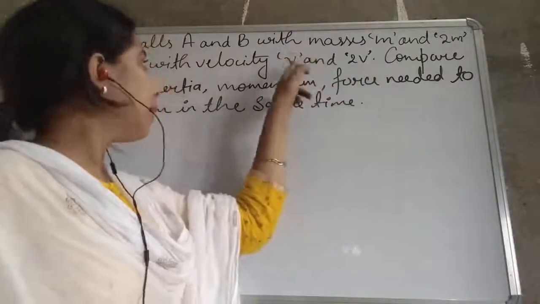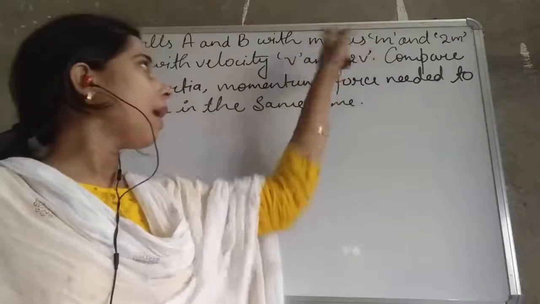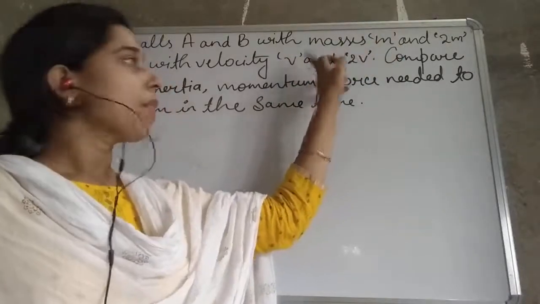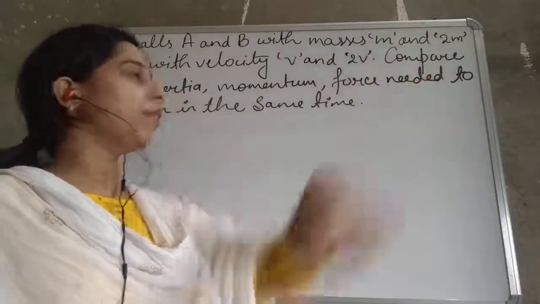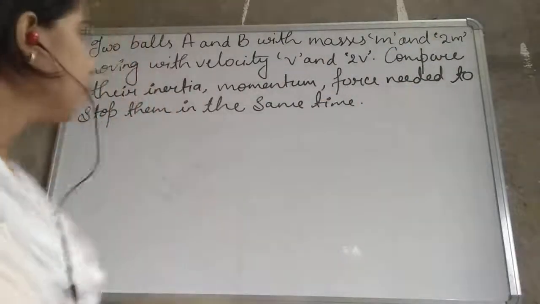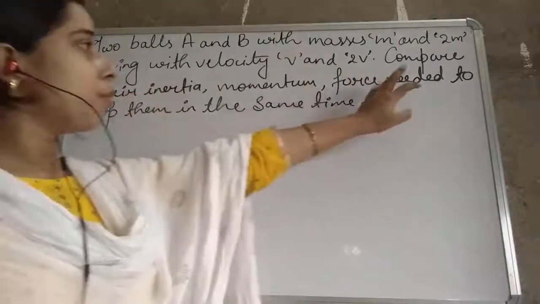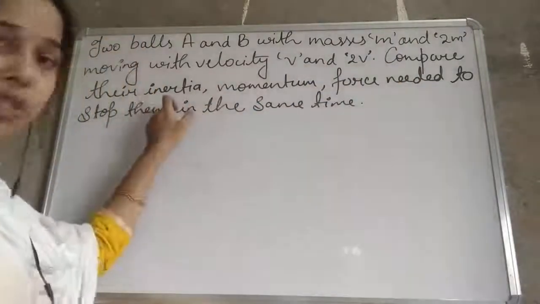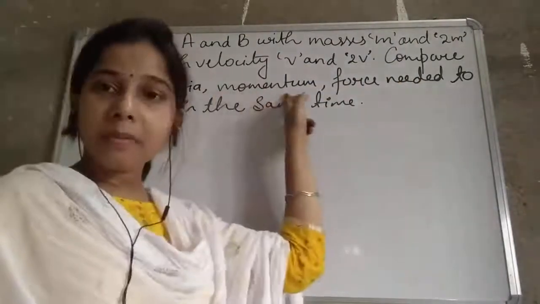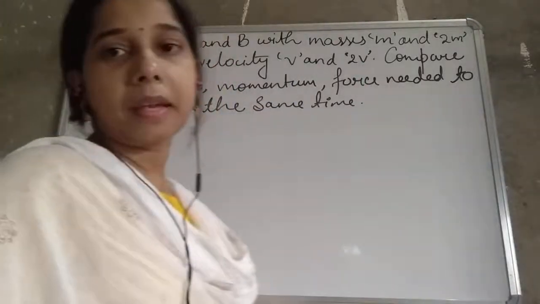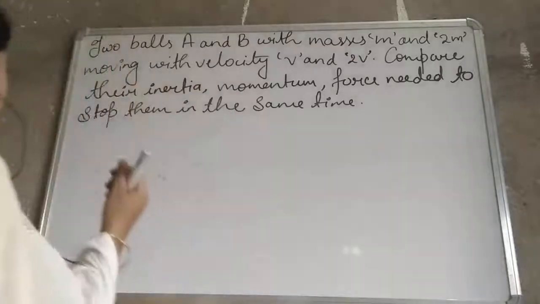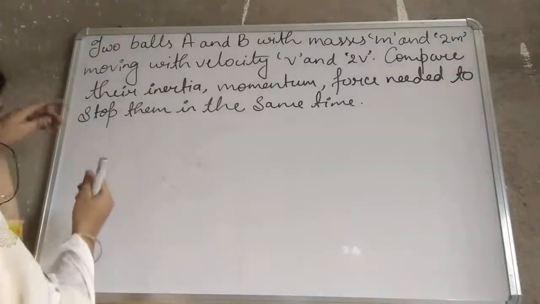So body A has mass m and moves with velocity V, and body B has mass 2m and moves with velocity 2v. What we have to do is compare their inertia, momentum and the force needed to stop them in the same time. So we will write here what are the things that are given.